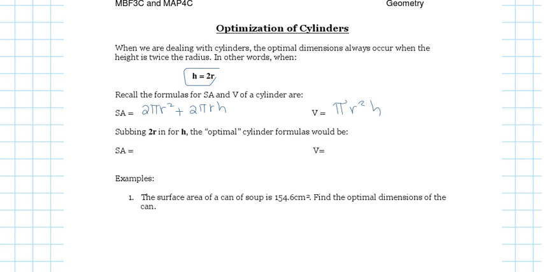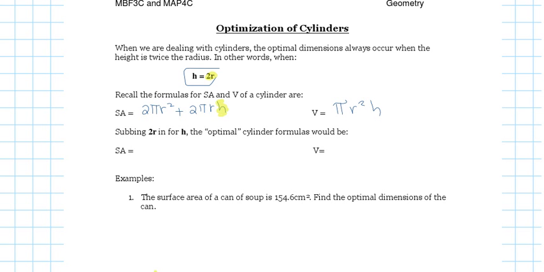So for me to make that optimal shape, I need to replace the height with how much I need it to be. So I need it to be twice the radius, right? So in the formula, I replace the height with twice the radius. So now my only variable is radius, right?